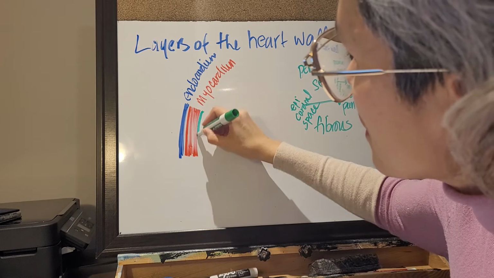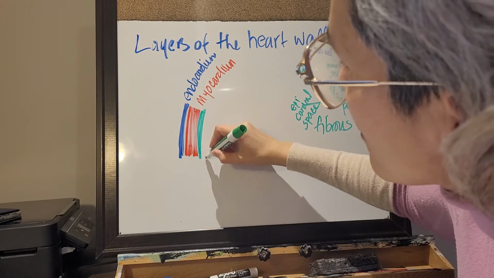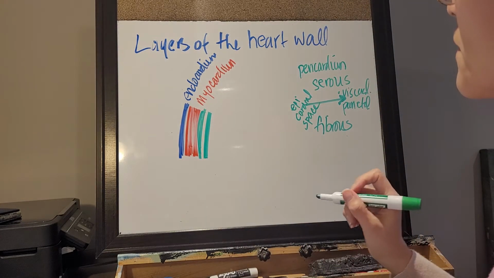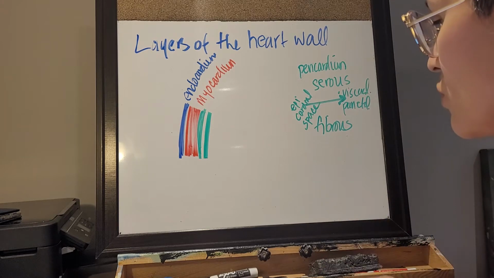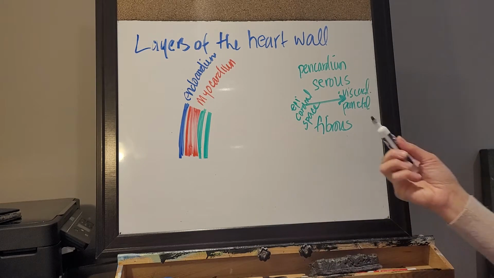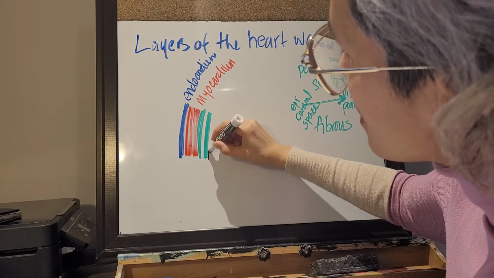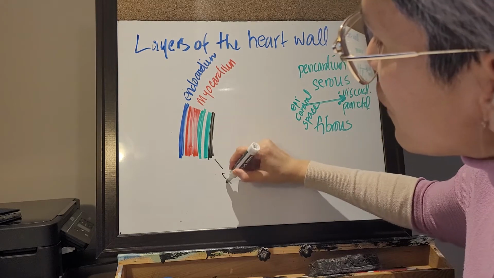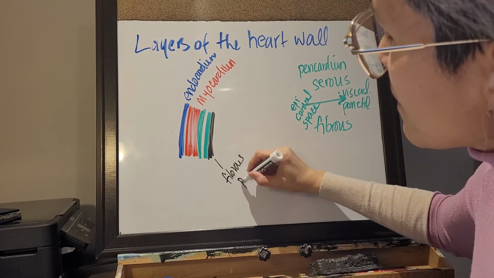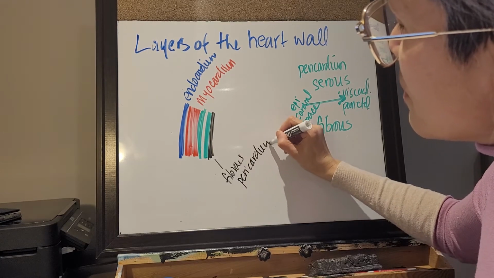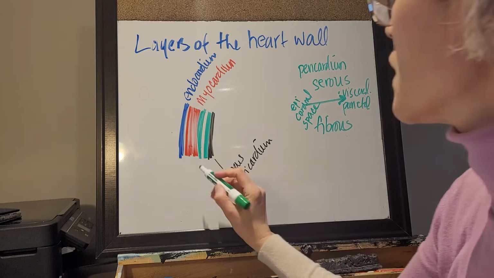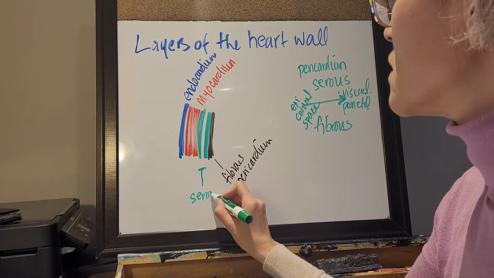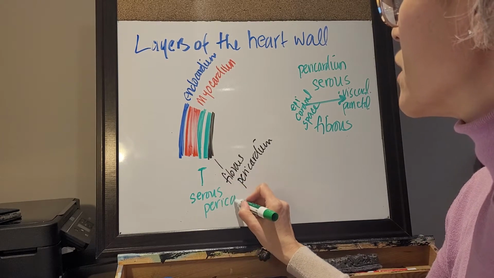Okay, so let's say if we draw this, and I'm going to draw out the space. This will be the fibrous pericardium, and green will be the serous pericardium.